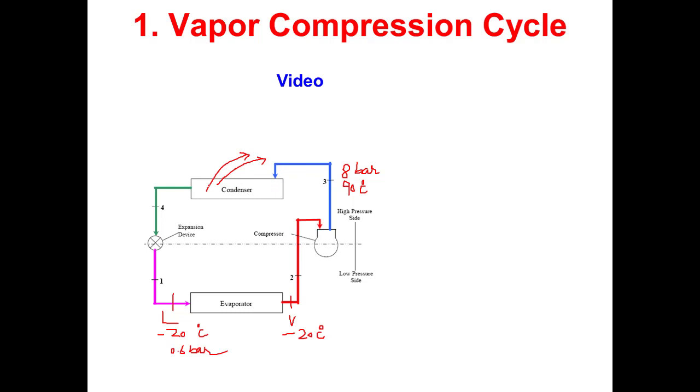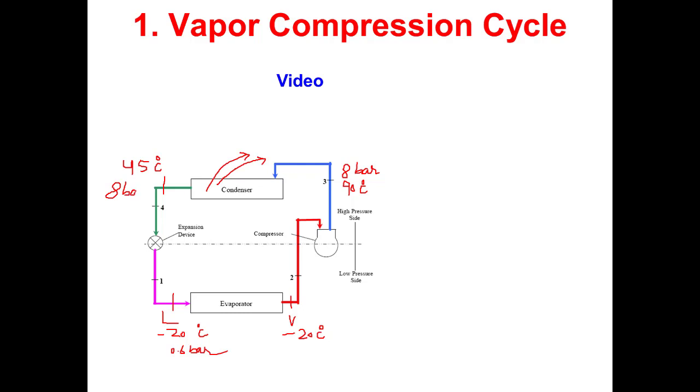So once it passes through the condenser, at the outlet the vapor is converted into liquid refrigerant, let's say at 45 degrees C. At 45 degrees C, but the pressure is still very high. At outlet the pressure is still 8 bar.